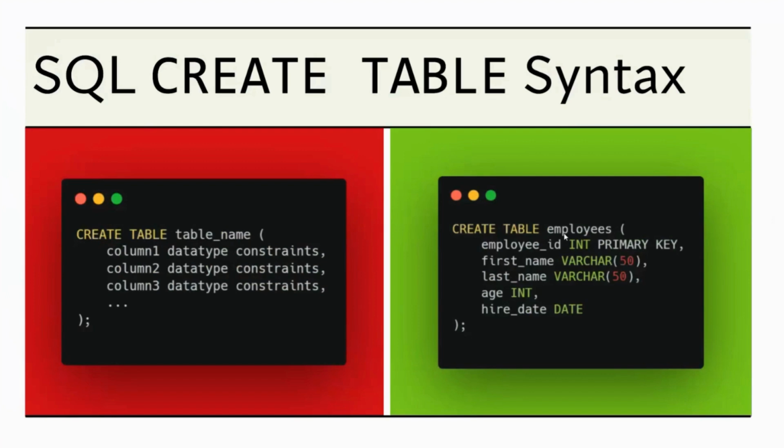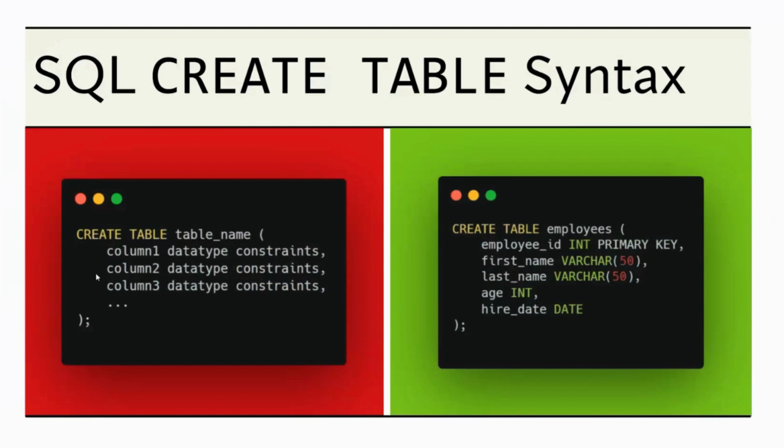So here you can give employees, and then column one, data type and constraints you need to define, separated with commas. For example, if you want to create three fields, the first two fields need a comma separator, and the third one needs no comma. So this is the syntax.